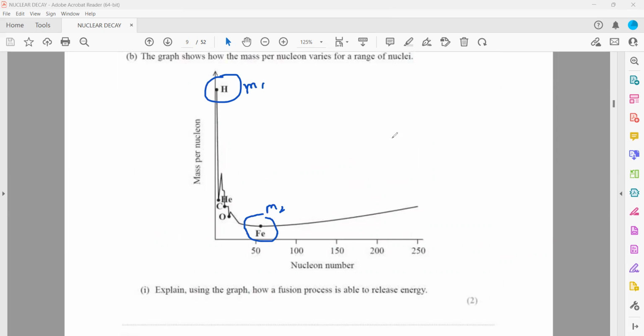What will happen to this mass that changes? It is converted into energy. That's why the nuclear fusion reaction releases energy. So in the fusion process, for low mass nuclei, the mass per nucleon decreases, and as the mass decreases, that corresponds to a release of energy, and we can use E equals mc squared to work this out.